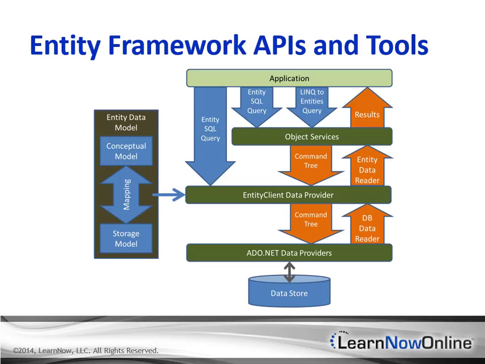The entity client returns any results from the database as an entity data reader, which is a tabular data format that object services can use. The application can also make Entity SQL queries directly to the entity client, as I mentioned, and that bypasses object services entirely.